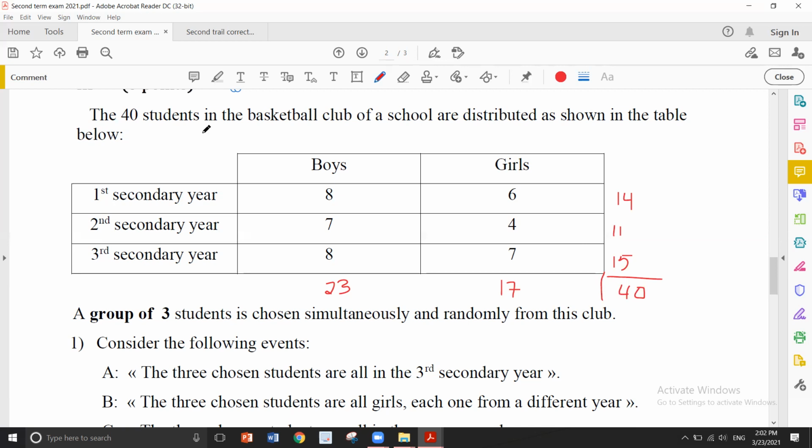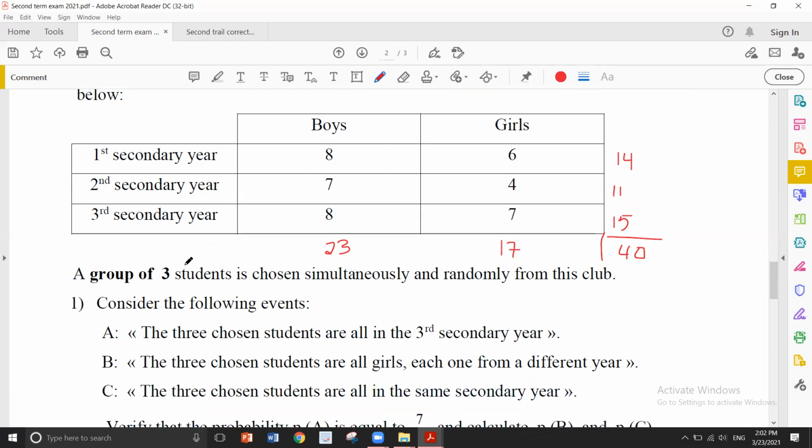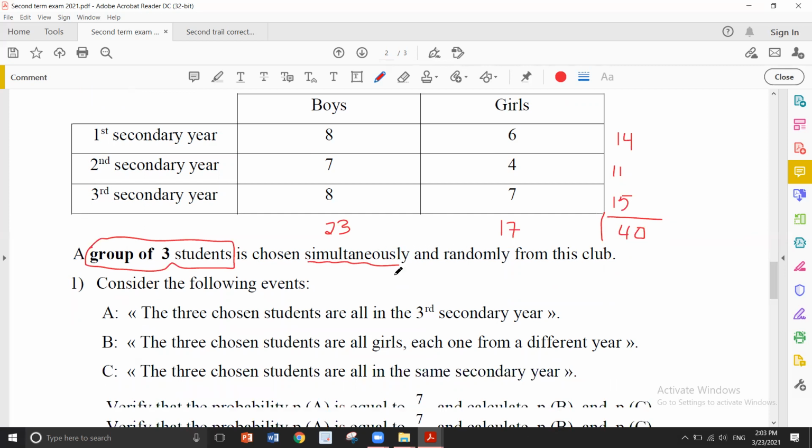So we have the 40 students in the basketball club of a school distributed in the following table: first secondary, second secondary, third secondary, boys and girls. We choose a group of 3 students simultaneously, together and randomly from this club.